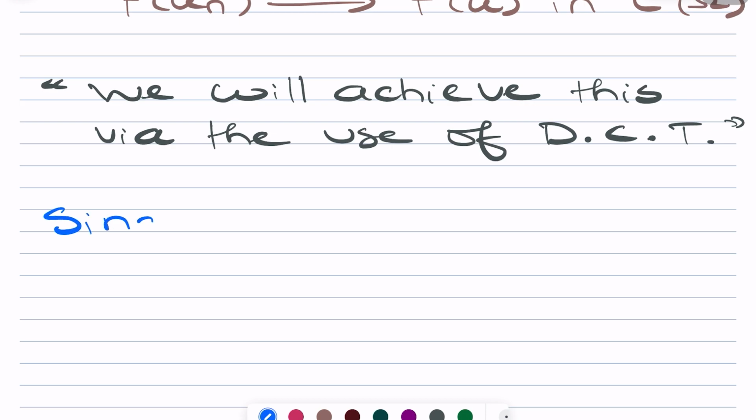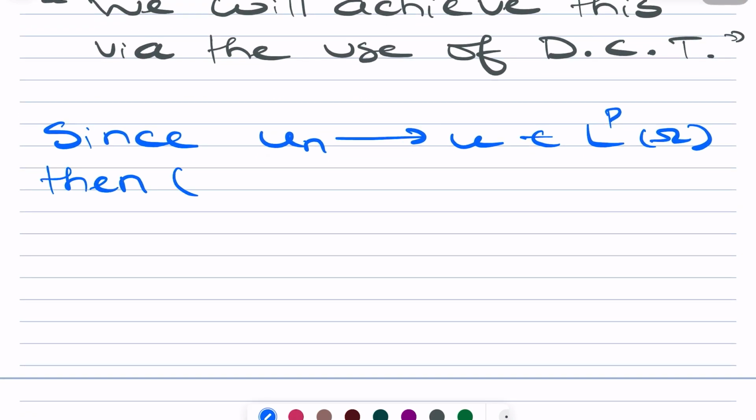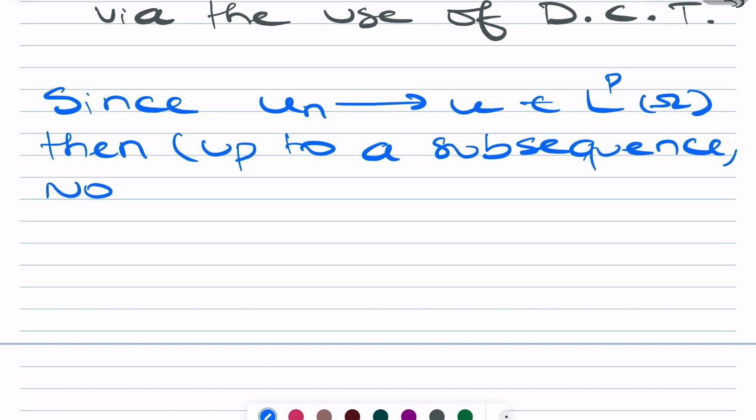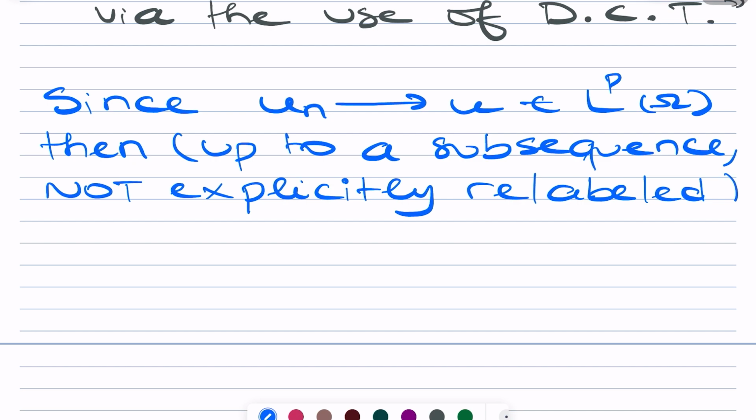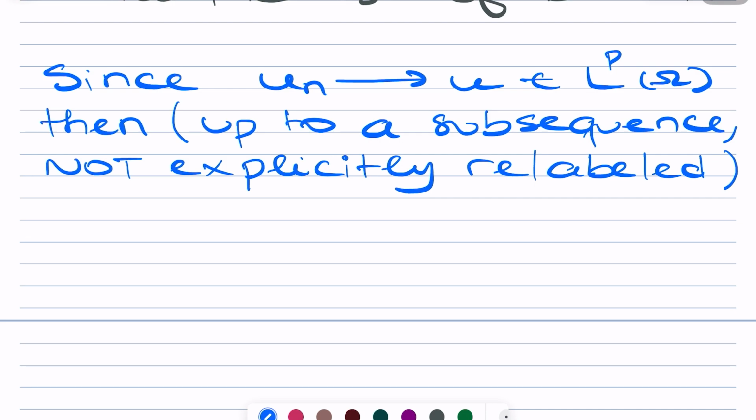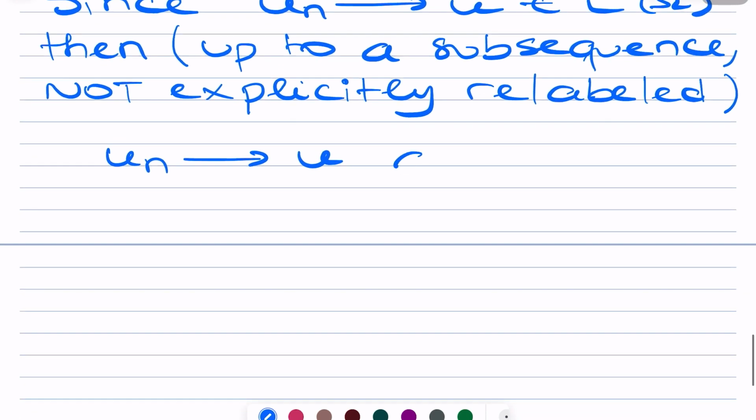Since un converges strongly to u in LP of omega, then up to a subsequence that I'm not going to explicitly relabel, un converges to u almost everywhere. So strong convergence in LP always implies, up to a subsequence, pointwise convergence.